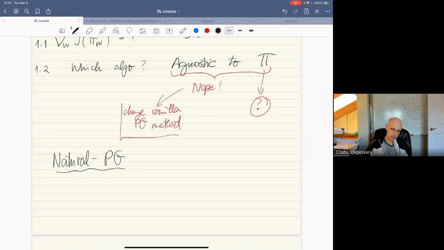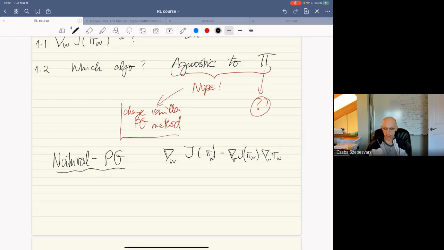So here we had this objective function J, and then we chose a parametrization. If you take the derivative of the whole thing with respect to the parametrization, I already told you that it's like, take the derivative of J with respect to pi, plug in pi_w, and then multiply that with the gradient of the policy with respect to w.